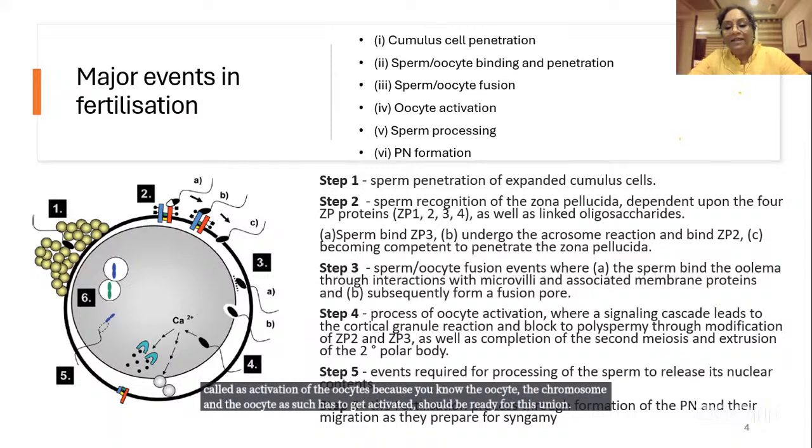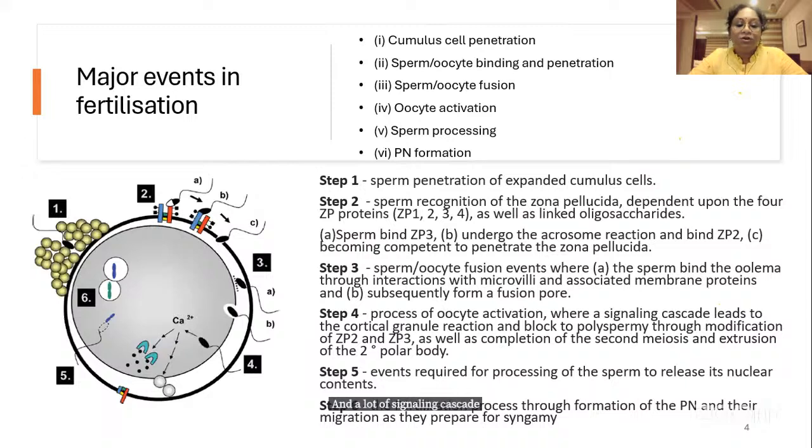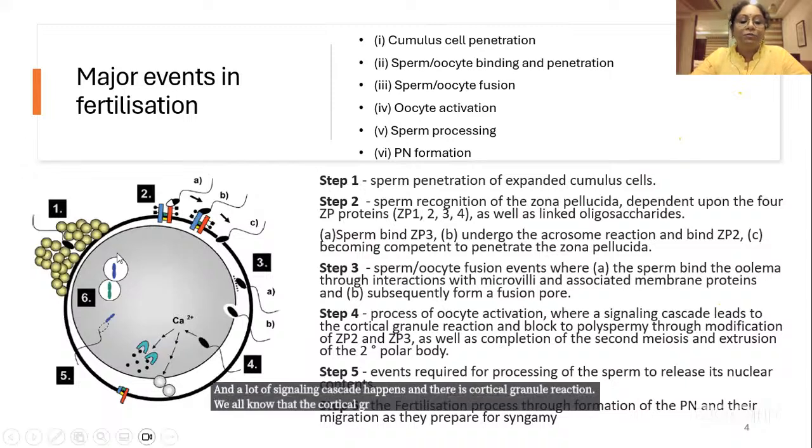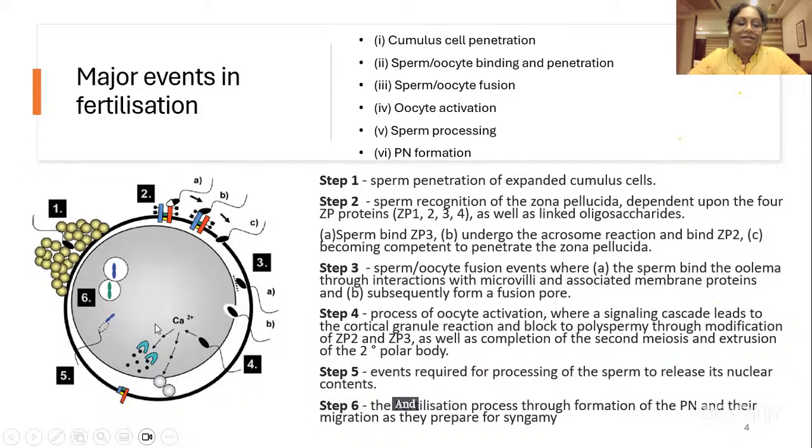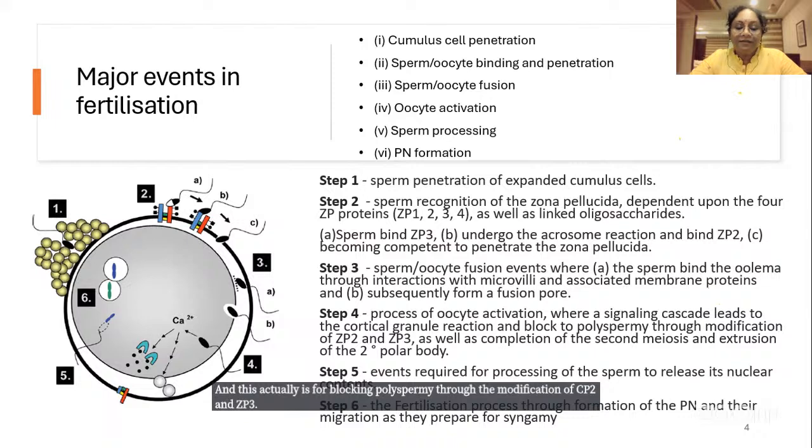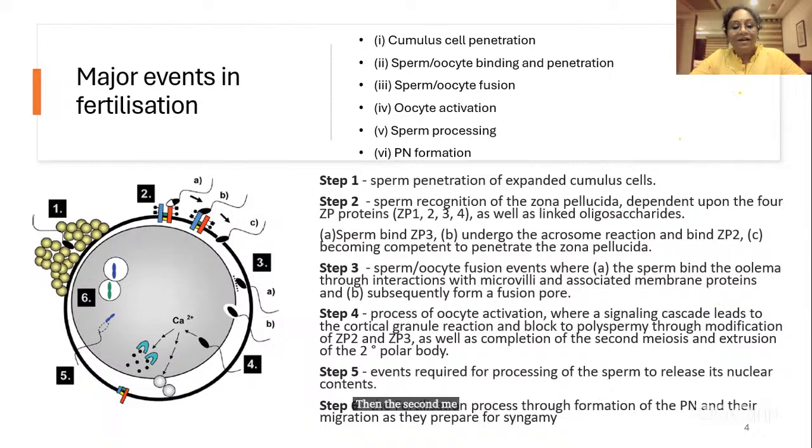A lot of signaling cascade happens and there is cortical granule reaction. We all know that the cortical granules accumulate on the periphery of the oocyte, and this is for blocking polyspermy through modification of ZP2 and ZP3. Then the second meiosis is completed and polar body 2 gets extruded.